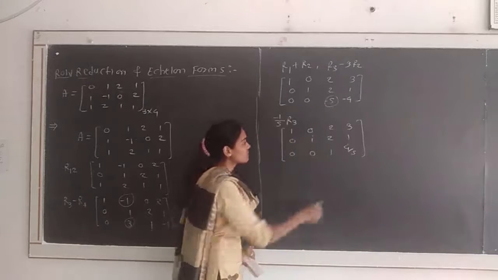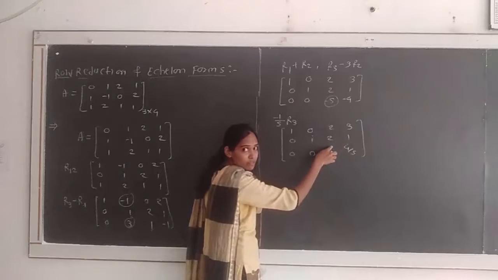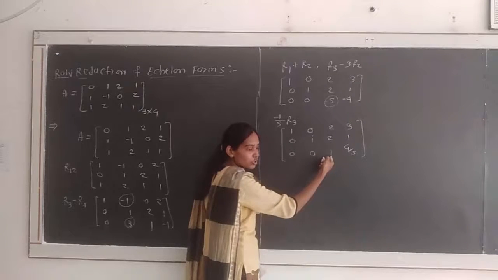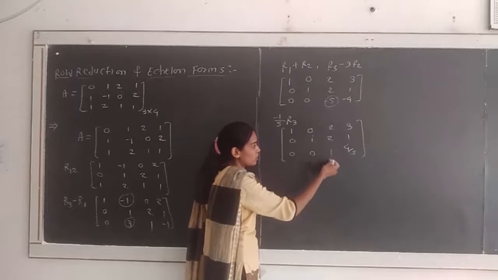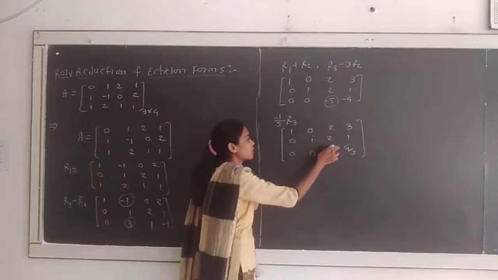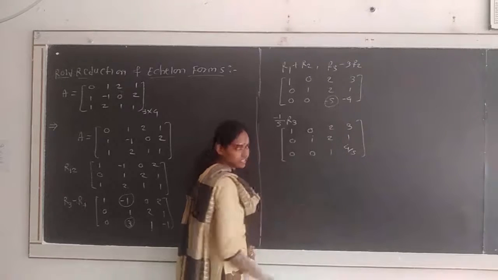Okay, then using that leading entry 1, we have to make the entries above it 0, because this leading entry is in the third row, at the bottom, so there are no entries below it. Here we only have to make the entry above the leading entry 0.